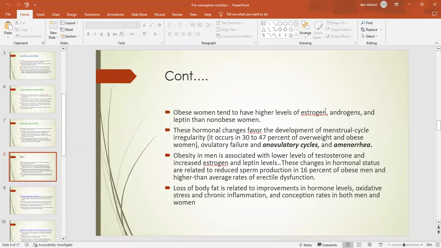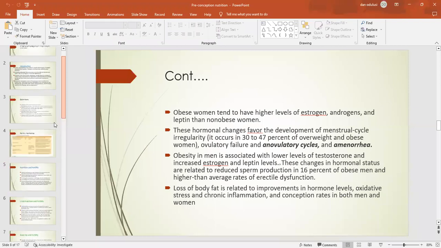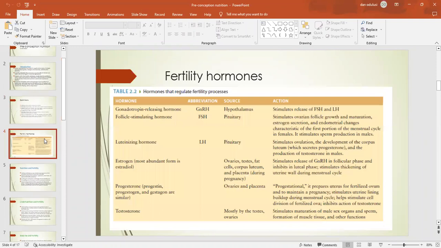Just because in obesity there are higher levels of estrogen, I'll take you back to remind you of the various functions of these hormones. Estrogen is produced in the ovaries in the female. The function of estrogen is to stimulate the release of gonadotropin releasing hormone from the hypothalamus in the follicular phase and inhibit it in the luteal phase, stimulating the thickening of the uterine wall during the menstrual cycle.